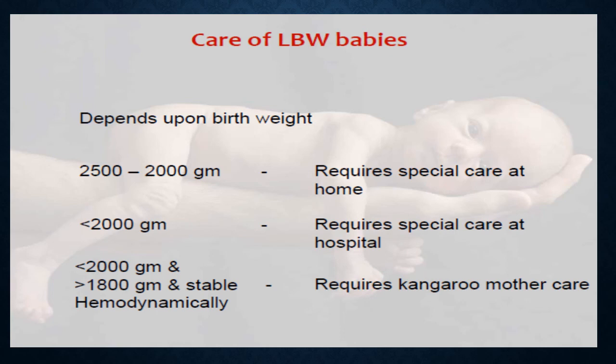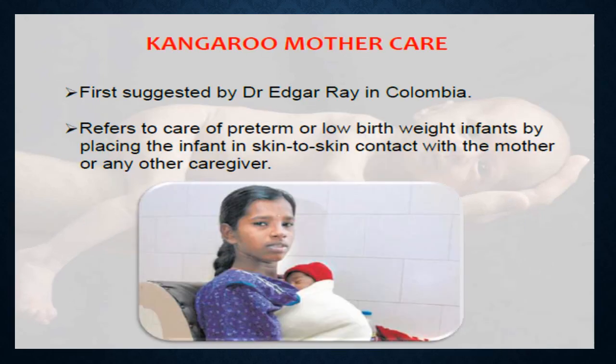But there are some neonates between 1,800 grams and 2 kilograms who are stable and hemodynamically good. They require kangaroo mother care. This is a terminology changing the management plan from only hospital into care at home, but with special care. This is the picture of kangaroo mother care.